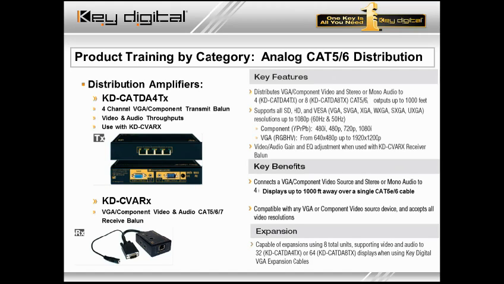On the other end of that Cat 5, Cat 5E, or Cat 6 cable, unshielded or shielded, we should mention, is the KD-CBA-RX, which we discussed in our last section. So we're going to take a little further look at that now. It is a VGA connection on the CatDA4TX and on the CBA-RX, but it supports either component or VGA. So just because it's a VGA connection doesn't mean it's limited to only VGA applications.